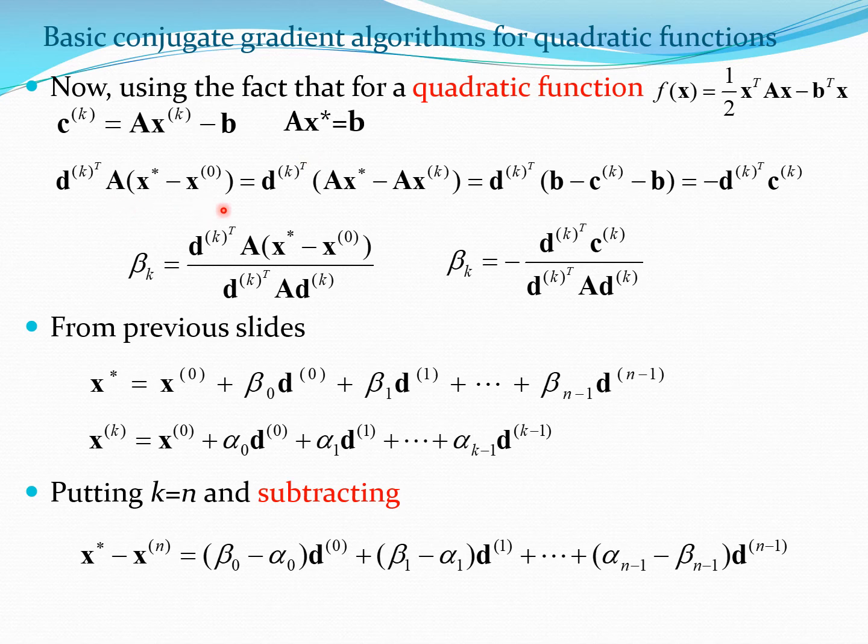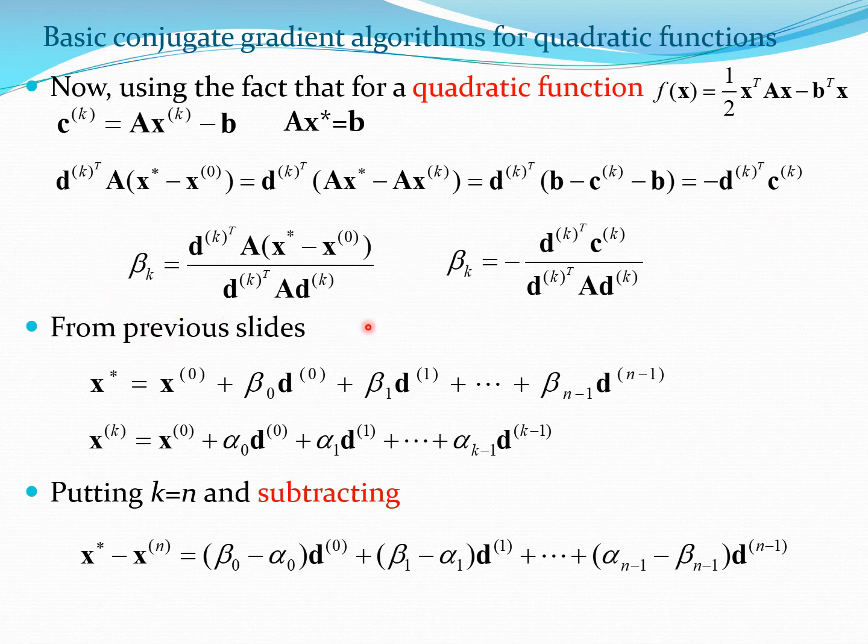Therefore I can write this last equation like this, where I have brought the A from outside to inside here. So it has become A x star minus A xk, and then I use A x star is b from here. I use A xk is ck plus b, and I put that here. There is a cancellation of these two b's and I get minus dk transpose ck.